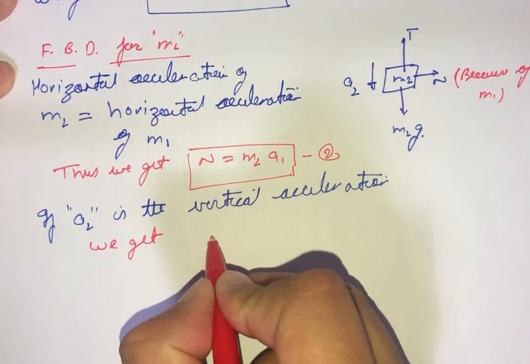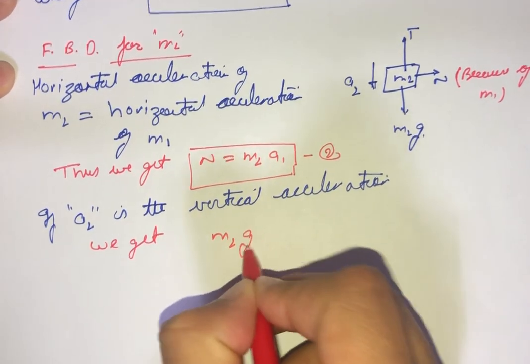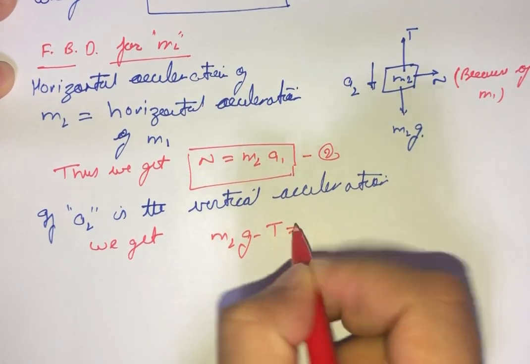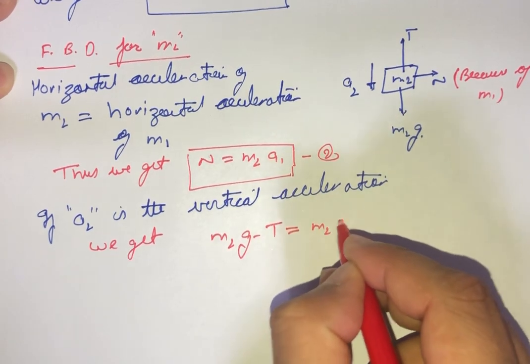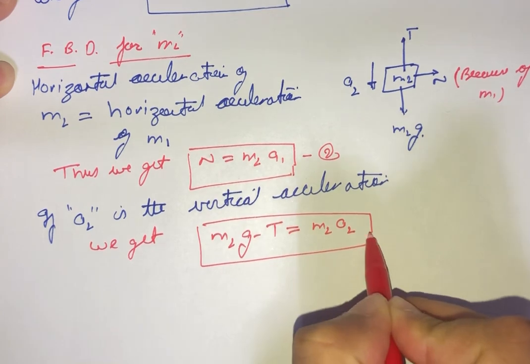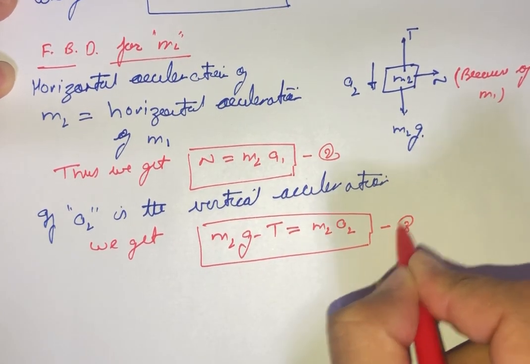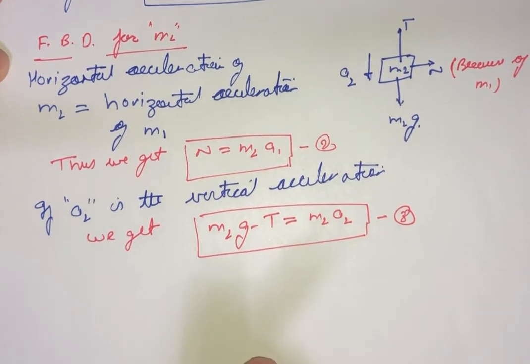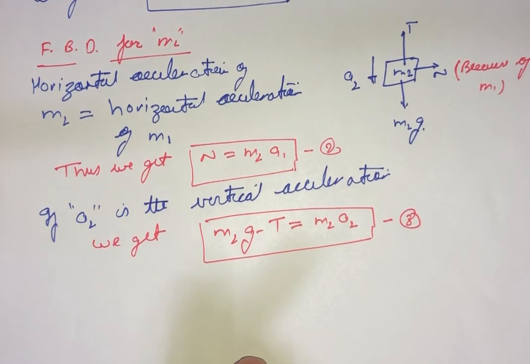So we can say that m2g minus T is equal to m2 into a2. This is equation number 3.